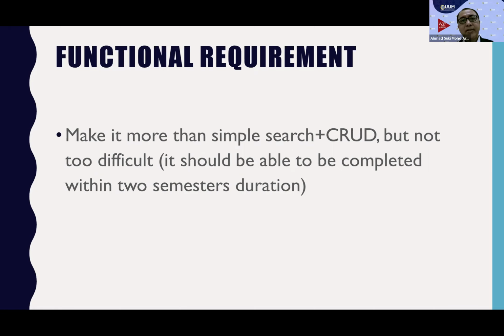A simple information system usually consists of simple searching: who are the students in the class, who are the lecturers, what are the subjects that the students enroll in, etc. That is simple search, simple display, including create database, read database, update database. That is simple. That is normal for an information system.